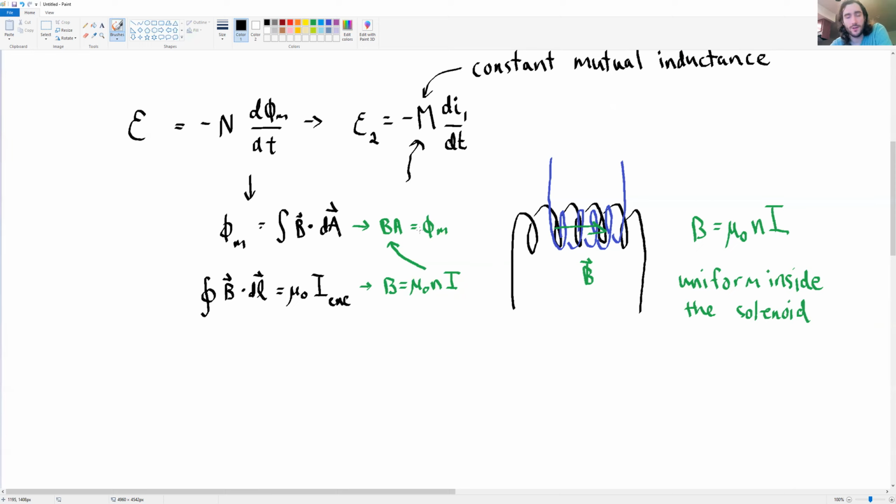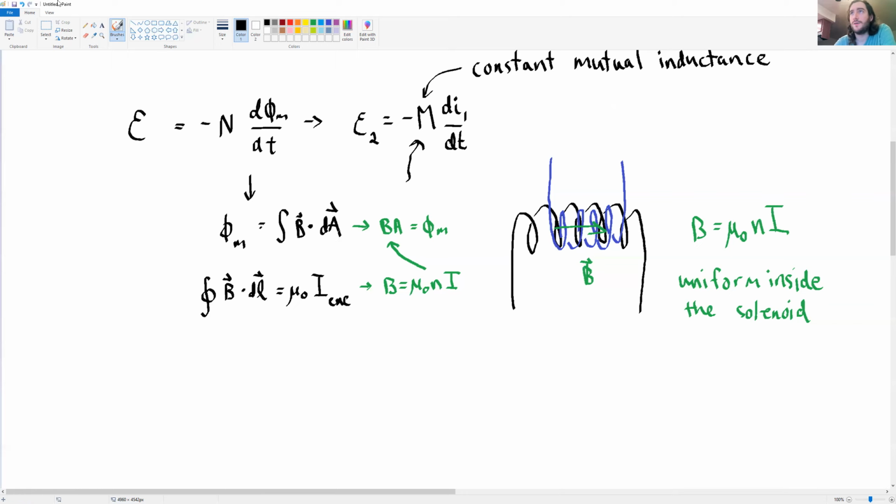But my goal there was just to convince you that M indeed would be a constant. So collect all of the other terms besides the derivative of the current with respect to t, and that would be what M is equal to. I'll leave that as an exercise for you.